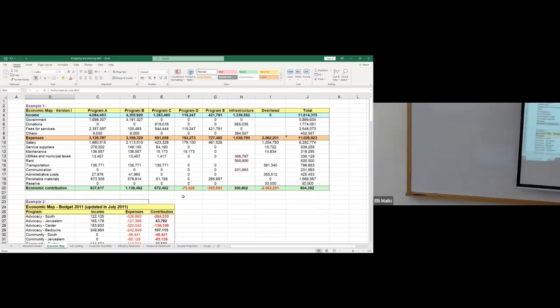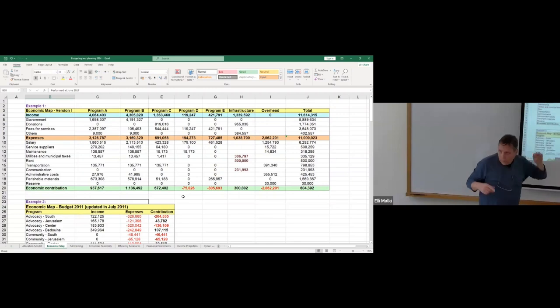This will be recorded here. While here there is no salary in the infrastructure, but there is salary in the overhead, which we understand. This will be the CEO, the CFO, accounting staff, legal staff, and things like that, administrative staff. Okay? And again, we go for the rest of the items.